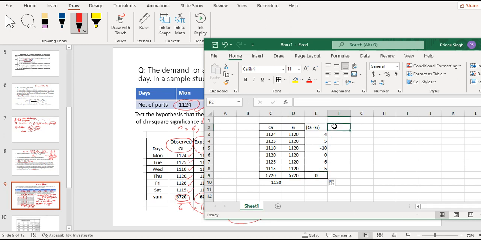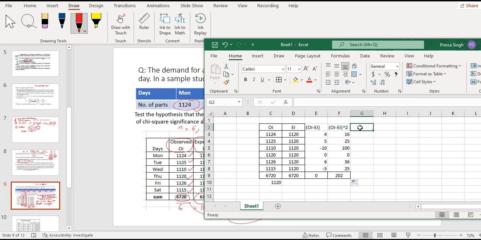Next, I need to calculate observed frequency minus expected frequency, squared. For the square, I take the square of all these terms. So 4 squared is 16, 5 squared is 25, 10 squared is 100, 6 squared is 36, 5 squared is 25, and if we calculate their sum, this is the sum. But I don't need this.